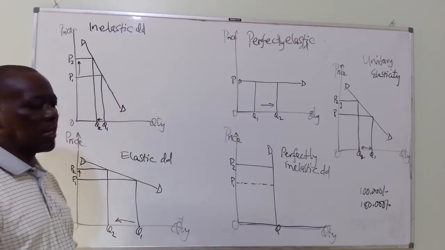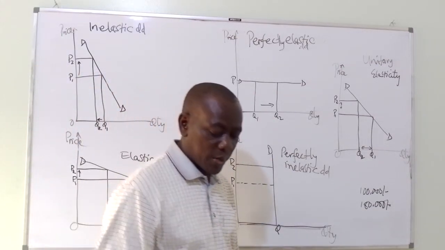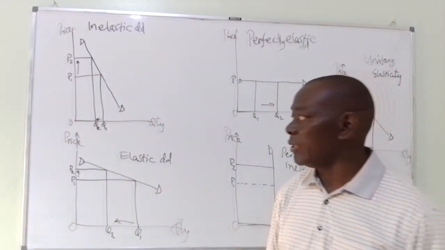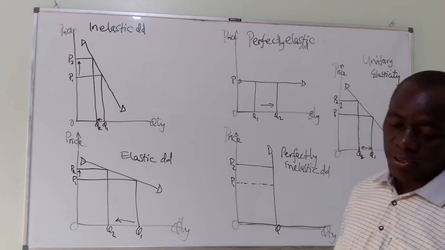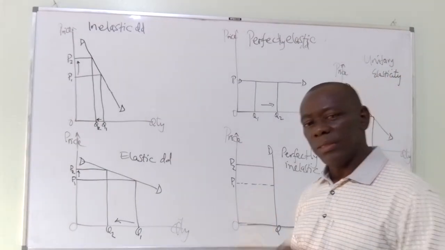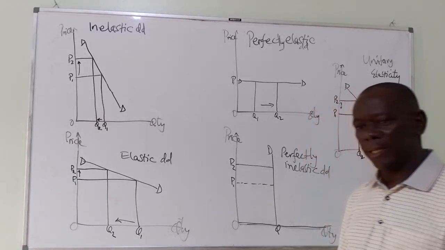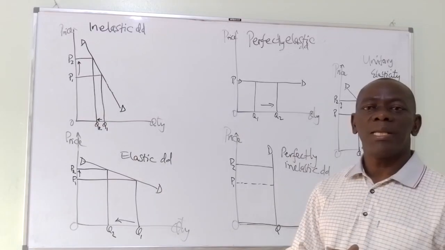So those are the illustrations that you have to use whenever you are illustrating price elasticity of demand. I told you we begin with defining what price elasticity of demand is.